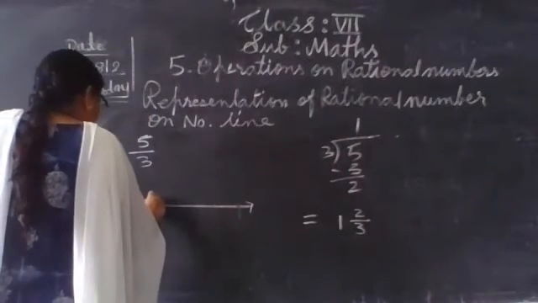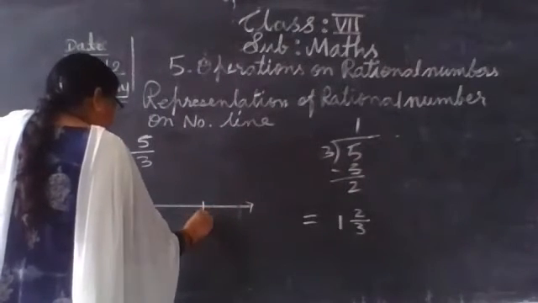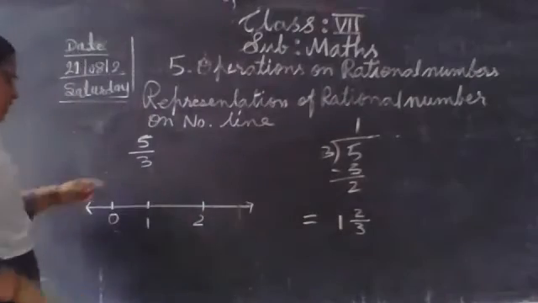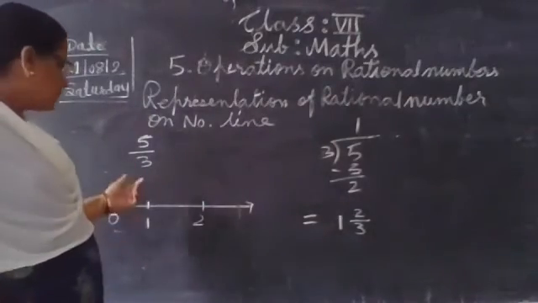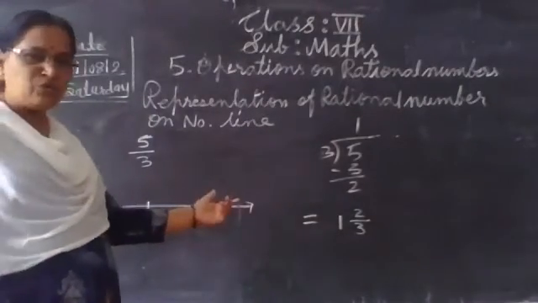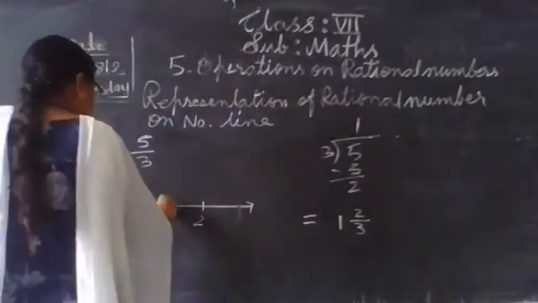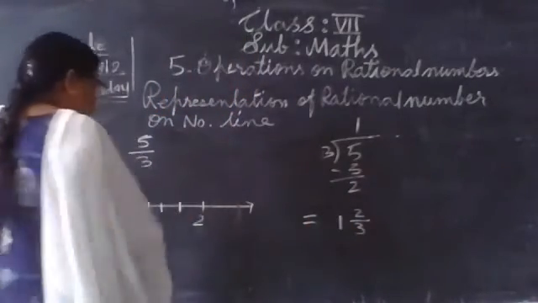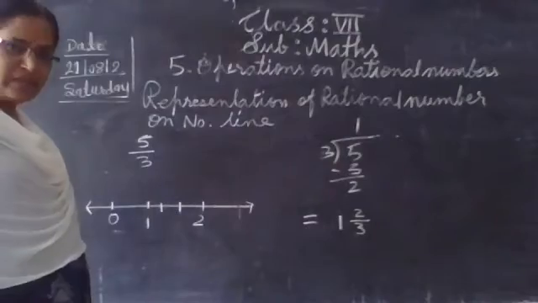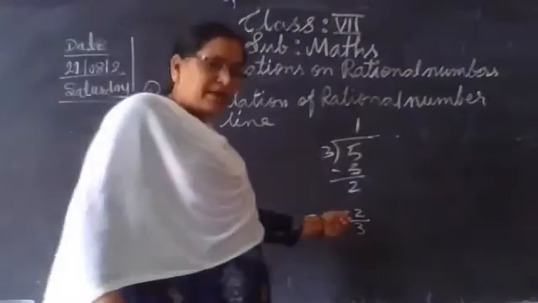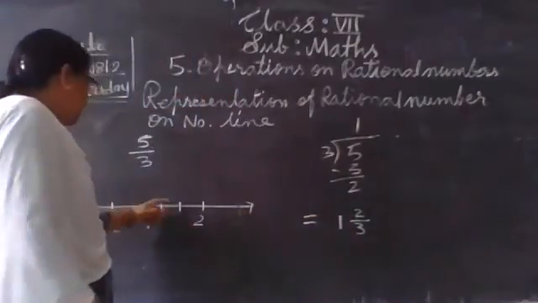Zero, 1, 2. Okay. So between 1 and 2, you have to make 3 equal parts. Selected part 2.